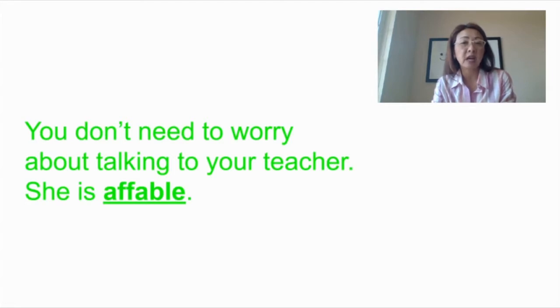What could this word affable mean? So I'm going to use the inference strategy. Let's see, what do I see here? What are some clues in these sentences or in this text that give me a clue about what this word affable means? What do you think?